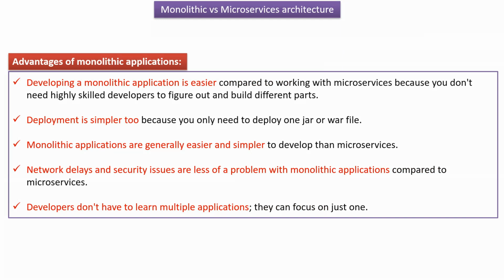Monolithic applications are generally easier and simpler to develop than microservices. Network delays and security issues are less of a problem with monolithic applications compared to microservices. Developers don't have to learn multiple applications. They can focus on just one application.